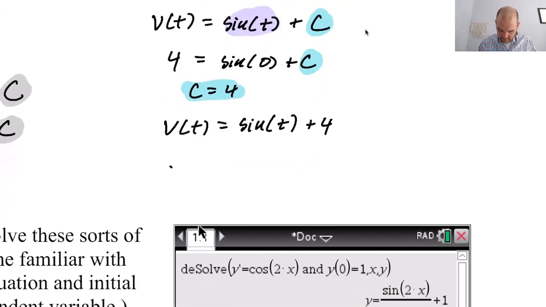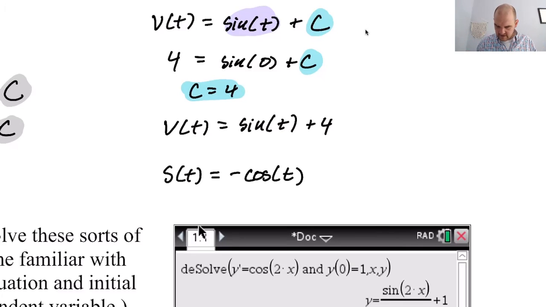So now, what do I know that has a derivative of sine? Well, I don't actually know a function whose derivative is sine offhand, but I know the derivative of cosine is negative sine. So the derivative of negative cosine should give me positive sine. You can check that in your head, and it definitely works.